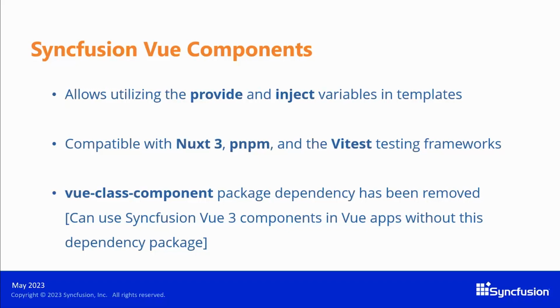And also, you would have made use of the Vue class component package whenever you create a Vue example with our components. So now that package dependency has been removed, and you can use our components without this dependency package now. So these are the three unique updates for our Vue components.